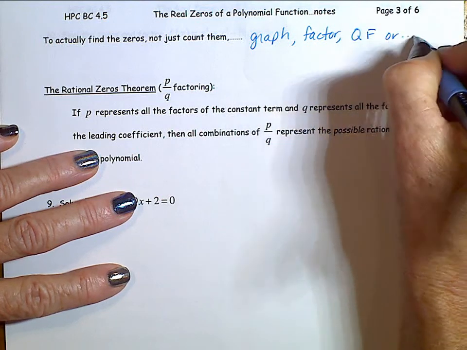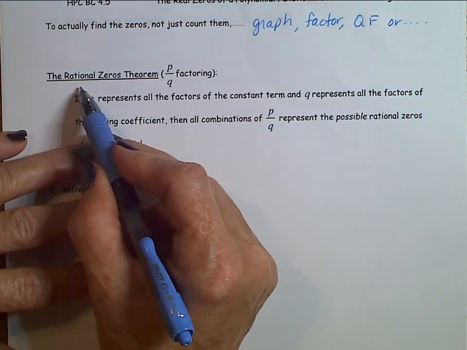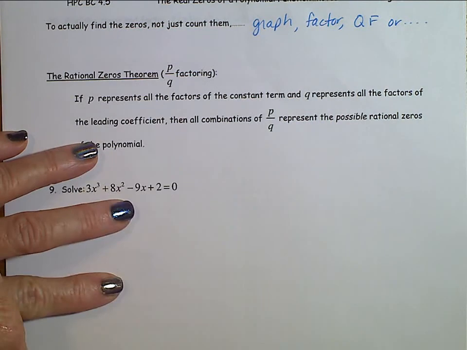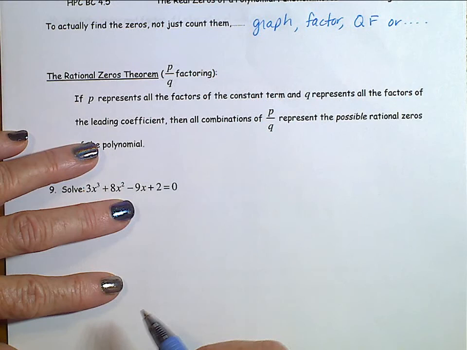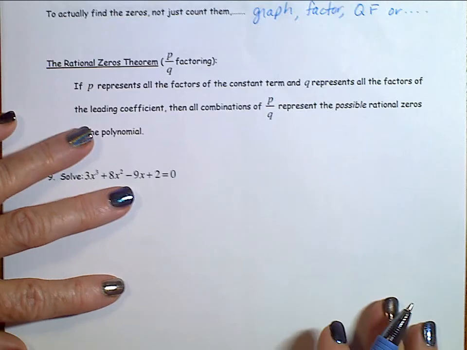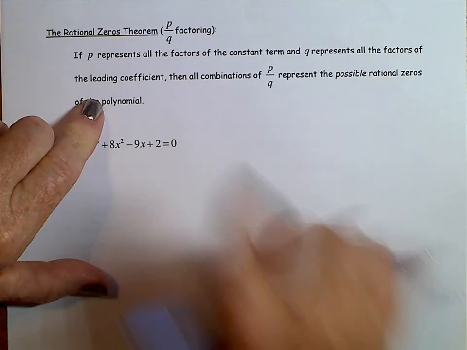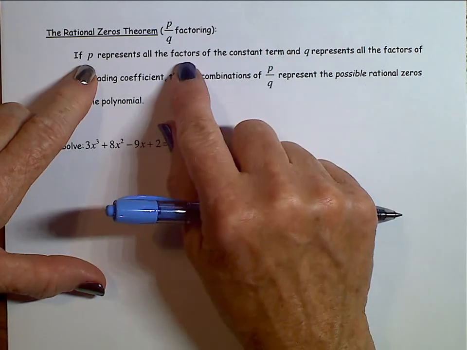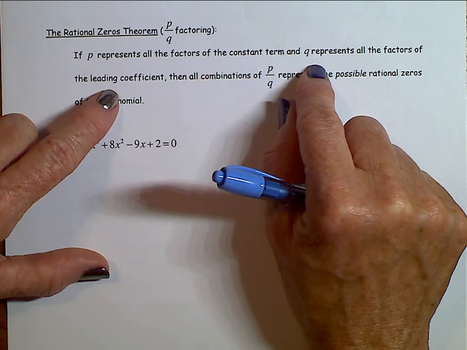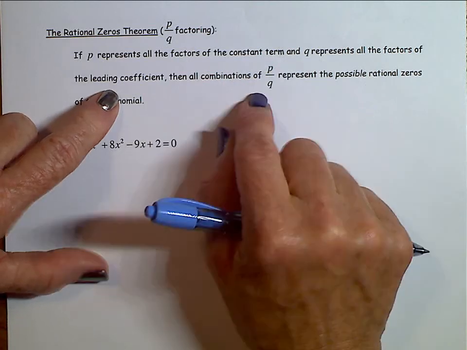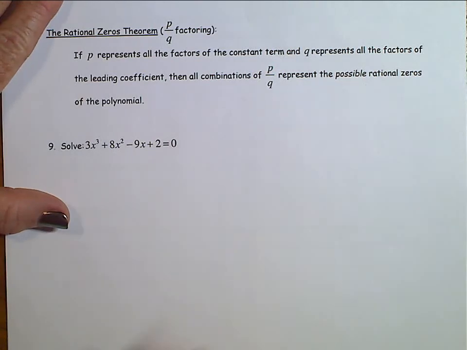Or we could use something like this called the rational zeros theorem, sometimes referred to as P over Q factoring. This rational zeros theorem says if P represents all of the factors of the constant term and Q represents all of the factors of the leading coefficient, then all combinations of P over Q represent the possible rational zeros of the polynomial.